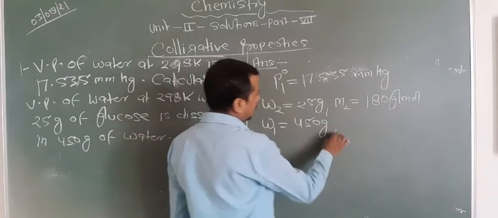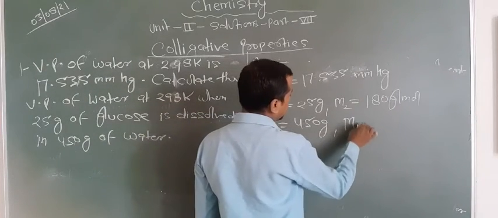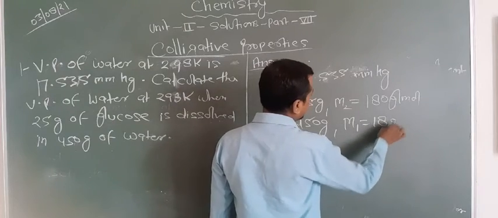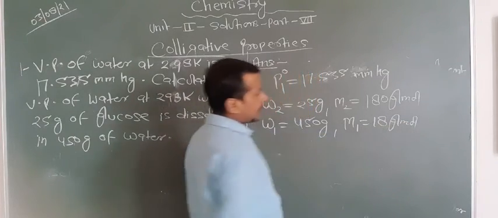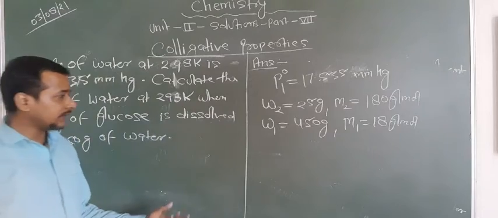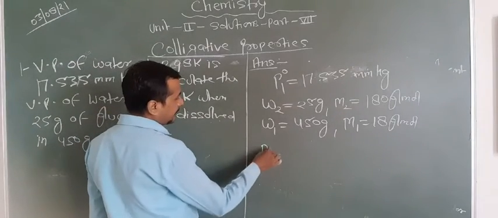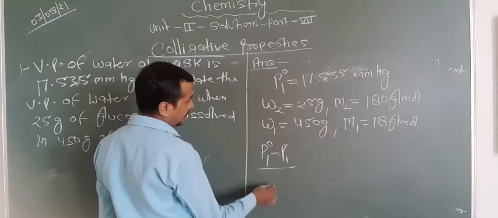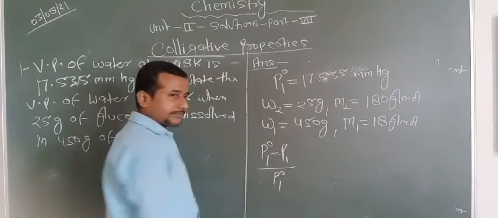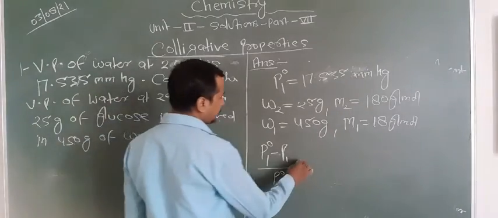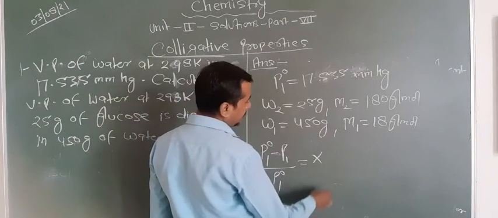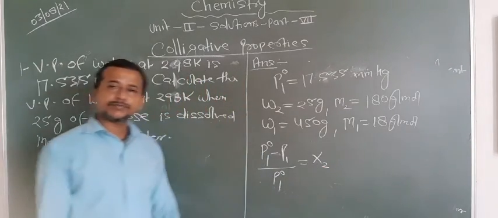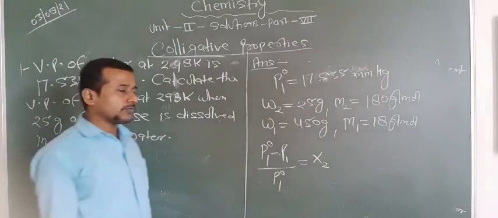And we know that the molar mass of solvent is 18 gram per mole. Now put in these values, according to Raoult's law. That means we can say (P01 minus P1) divided by P01, and this is equal to what? We can say x2. Okay, are you getting this point or not?